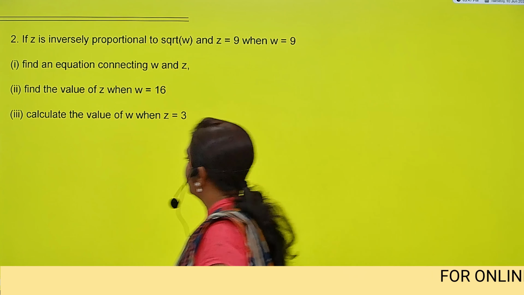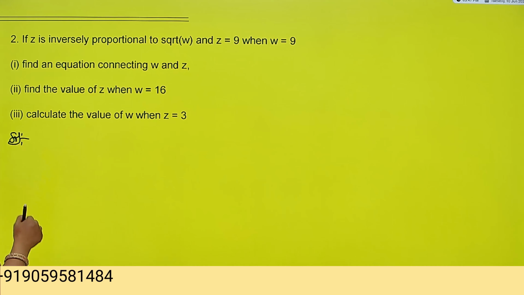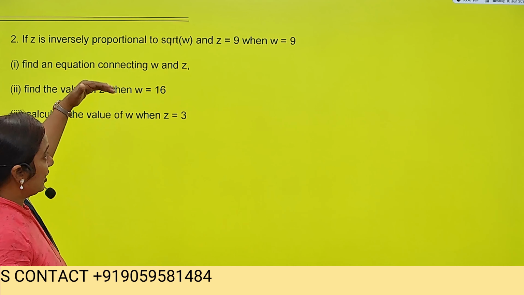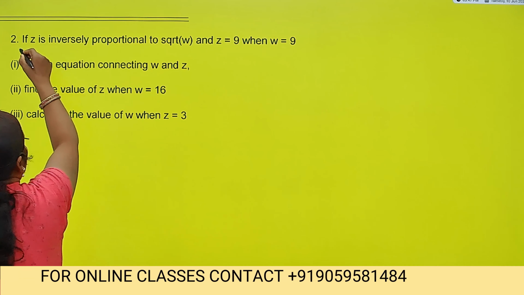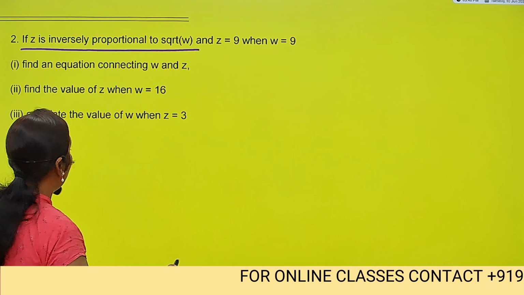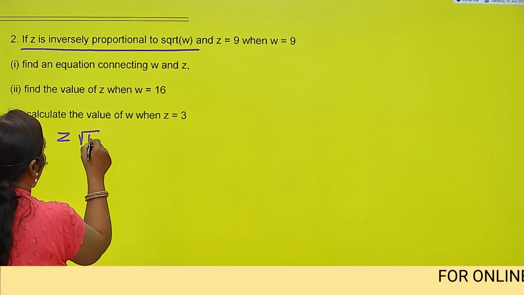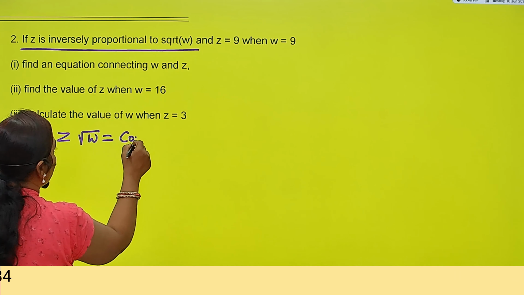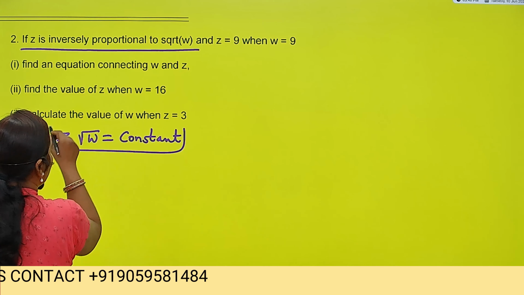Second one. From the first we get the relation of how to write it. I am taking here directly how to write the inversely proportional. See here, z is inversely proportional to the square root of w. That is, z square root of w equals a constant, because it is inversely proportional.